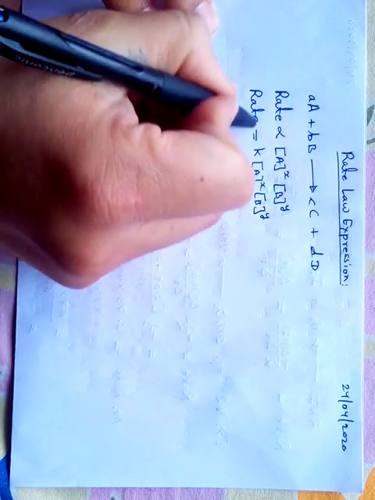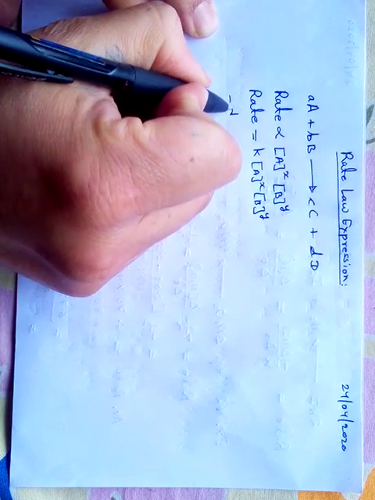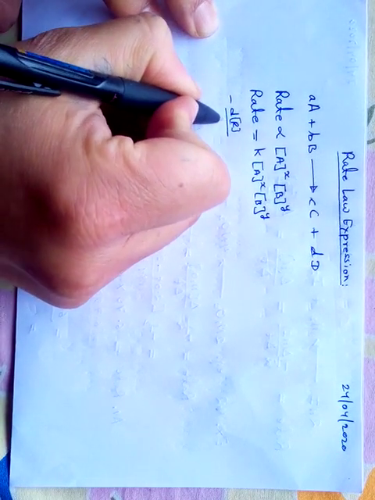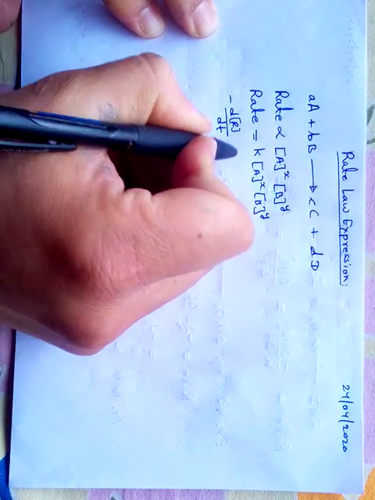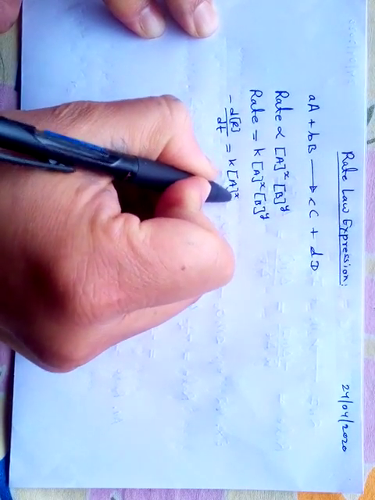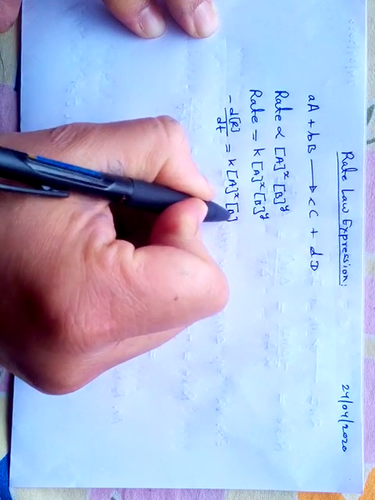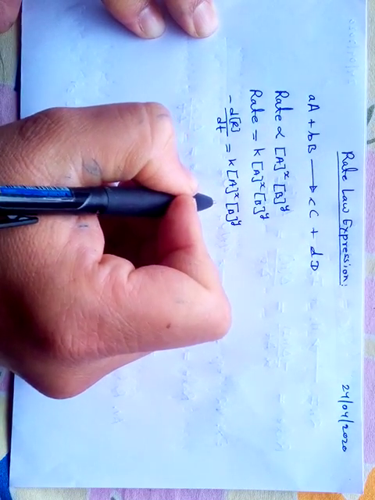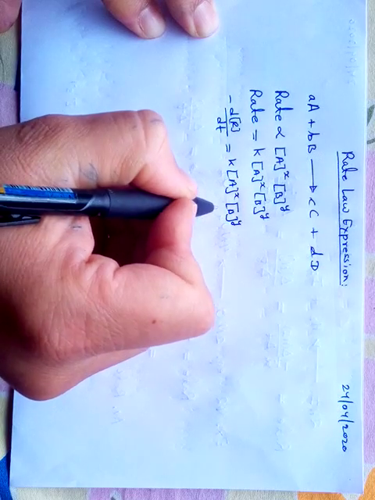So the rate can be written as the differential rate, dR by dt. This is the differential rate equation, equal to k [A]^x [B]^y. So this is the rate law expression.